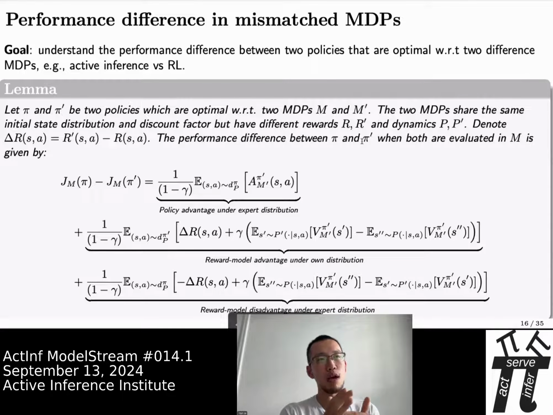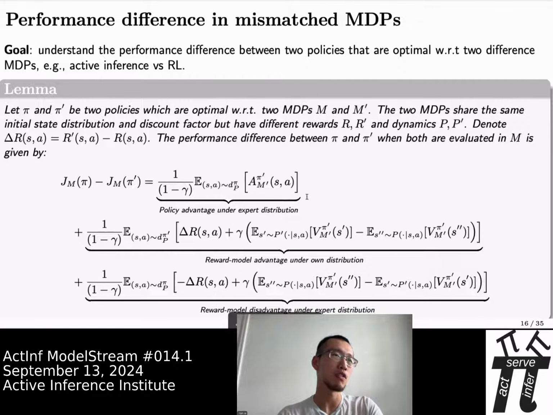That's why this quantity is also called a regret. We're going to interchange calling it regret or performance difference. But basically, this relationship shows that the regret can be decomposed into three terms.